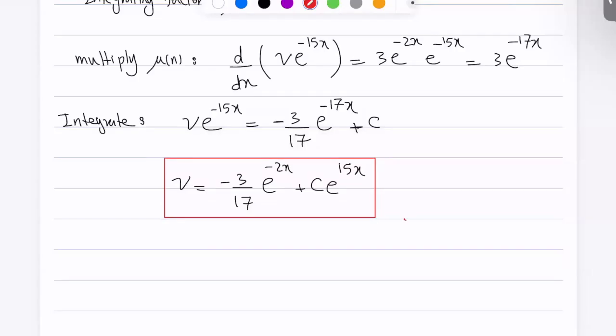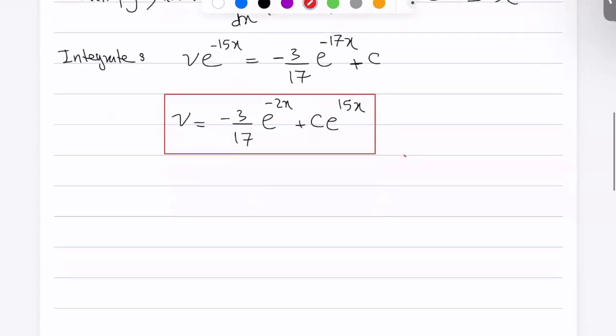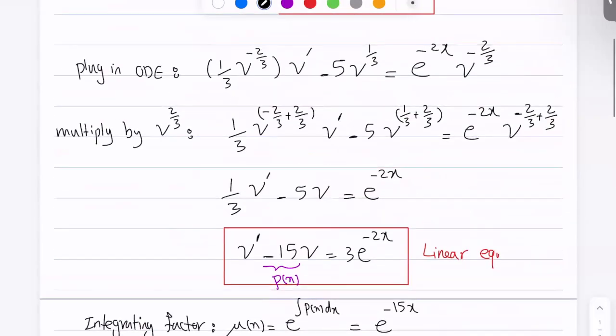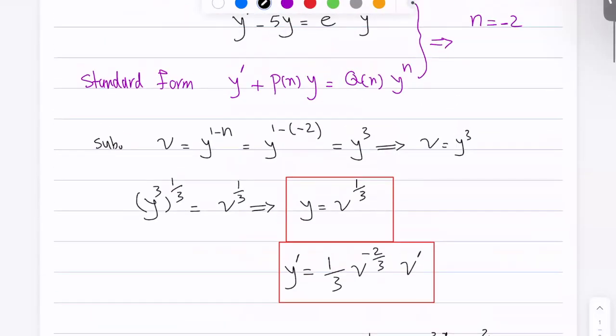Okay? All right, now that we have v, all we need to do is remember that v was y cubed, right? If you go back, v is equal to y cubed.